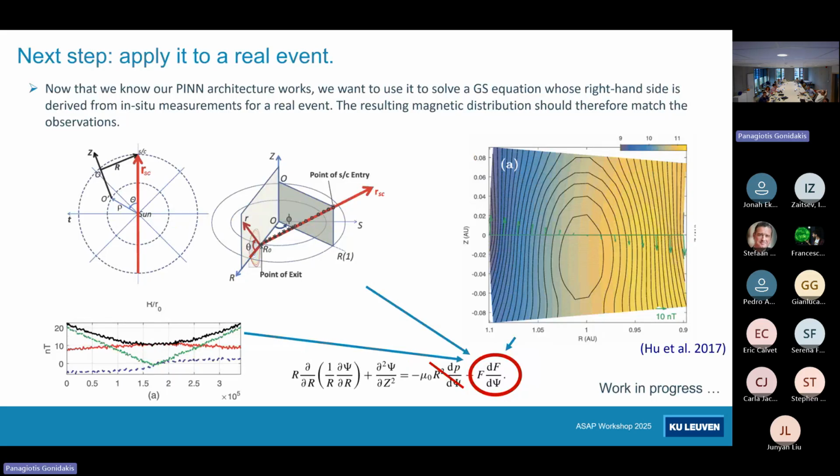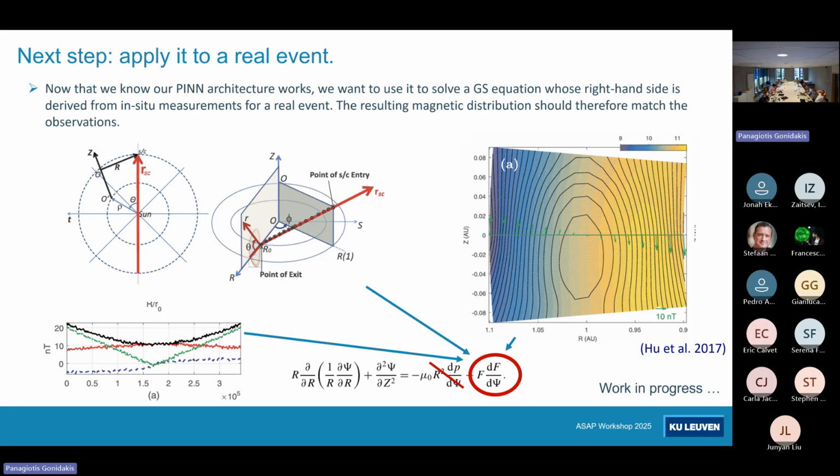In fact, the in situ measurement will determine some magnetic field measurements for the torus. So it should be the initial condition for the model. But it is not mandatory when we solve the deep learning neural network to say, okay, this point should have these properties.